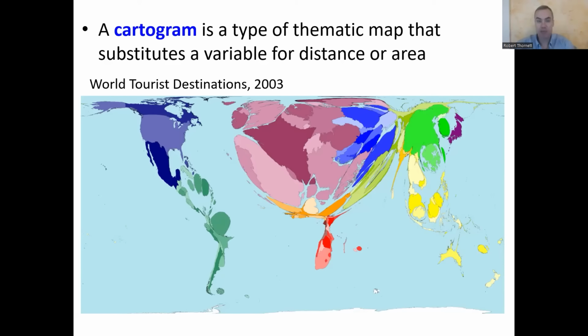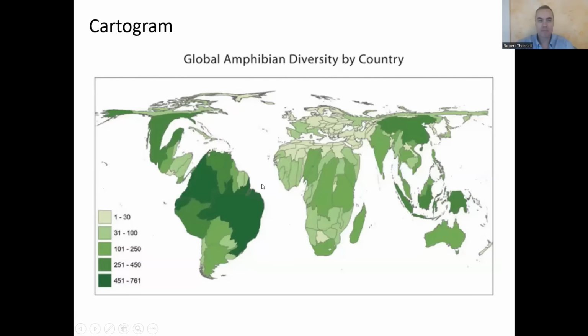You can see on this map which countries look like they have the most tourists, right? Obviously, in the middle, you have France and Spain and Italy. It's very, very inflated. But take a look at this map, also a cartogram. And in this map, the statistic that's been used to distort the area is amphibian diversity. So this is actually the opposite, right?